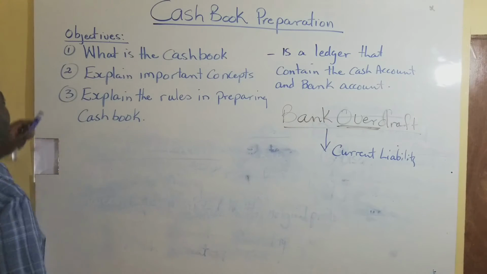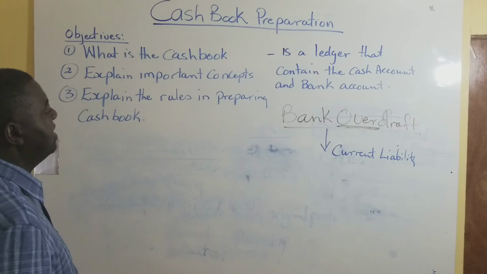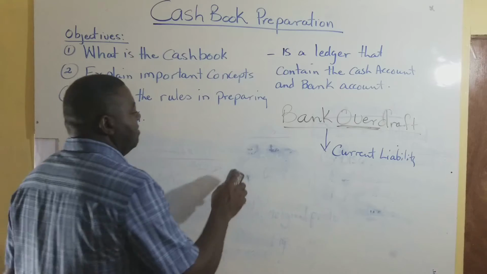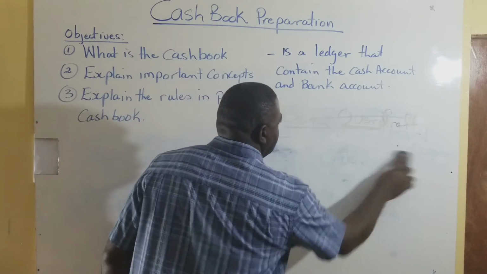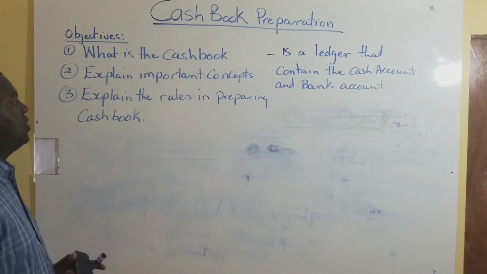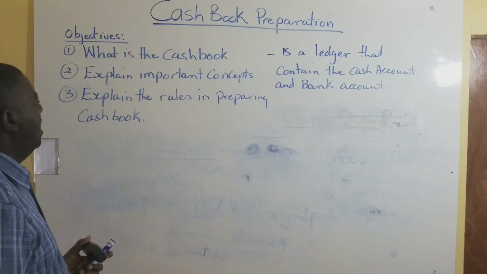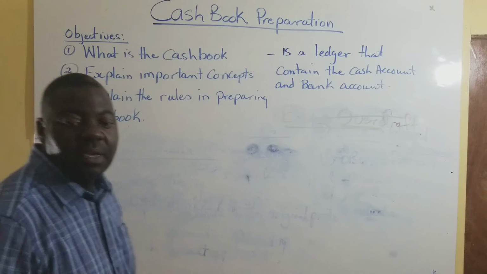We would have completed objectives 1 and 2 by explaining those concepts. We are now going to be looking at the third one. How do we treat with the cash account? The cash book, the rules relating to the cash book.